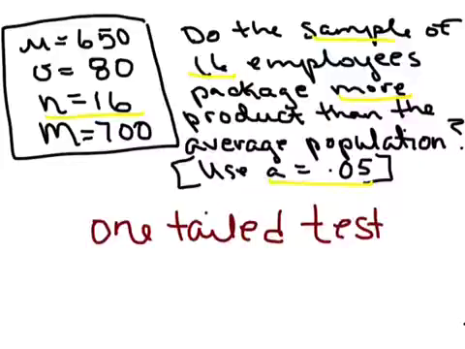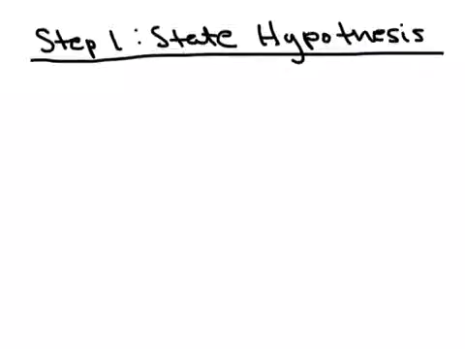Basically, that hypothesis is stated in there, just in a question form. So we're going to regurgitate it into null and alternative hypotheses. The null hypothesis is basically your statement that something is not going to change, something is not going to increase, something is not going to decrease, whatever it is.